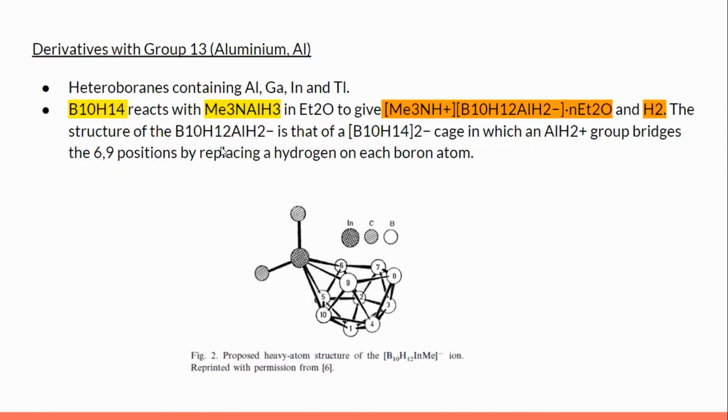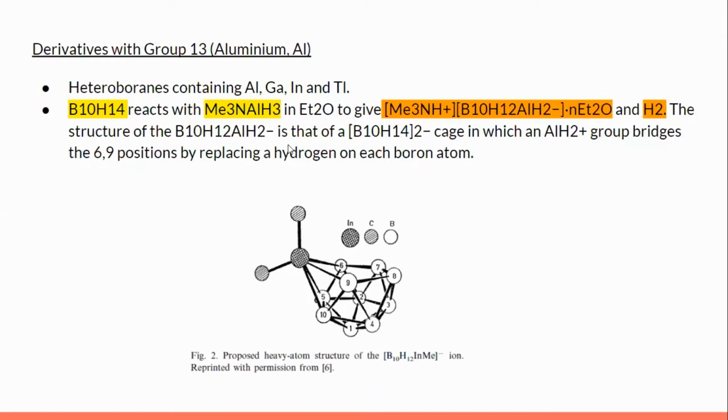The structure of B10H12AlH2 minus is that of B10H14 2 minus in which an AlH2 plus group bridges the 9 position by replacing a hydrogen on each heteroboron.